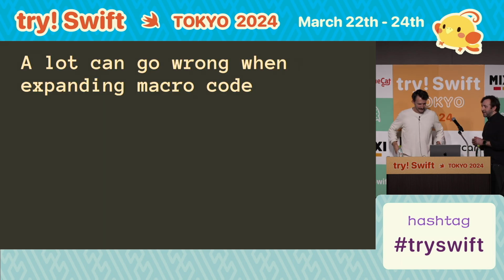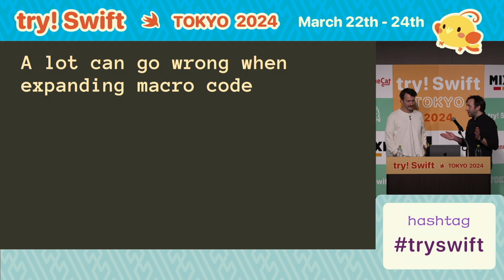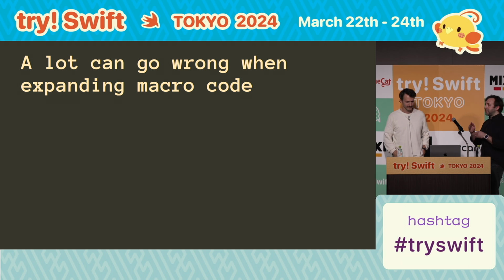So Brandon just showed that macros can generate a lot of code for you, and it's really great because we can concentrate on the core domain of our code without having to worry about all of this boilerplate to maintain. But the downside is that the more code that we generate with a macro, the more things can go wrong. And it's very, very easy for something to go wrong when implementing a macro.